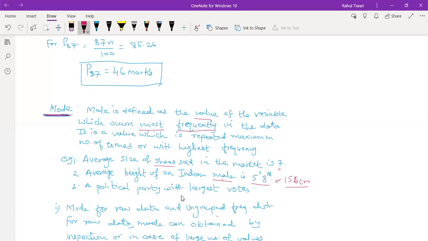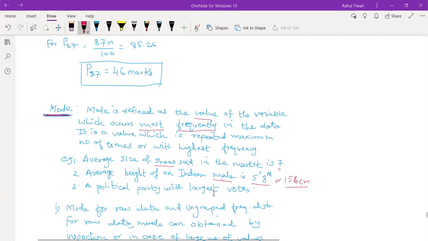Similarly, take the example of political parties. Generally you see that the highest vote decides the winner. We have, let's say, BJP, Congress, and so on, and the party with the highest votes is going to be the winner. These are a few applications where the concept of mode can be used.